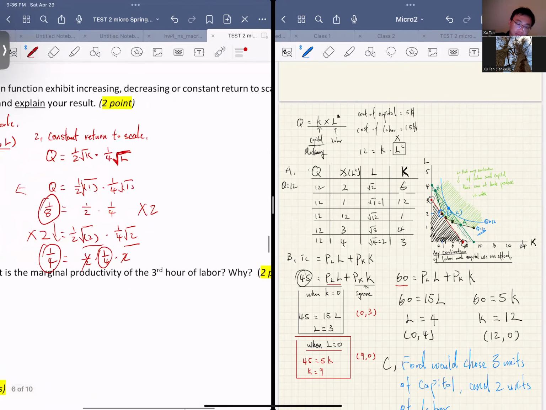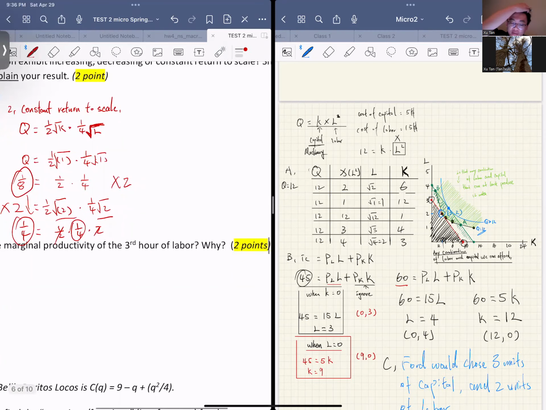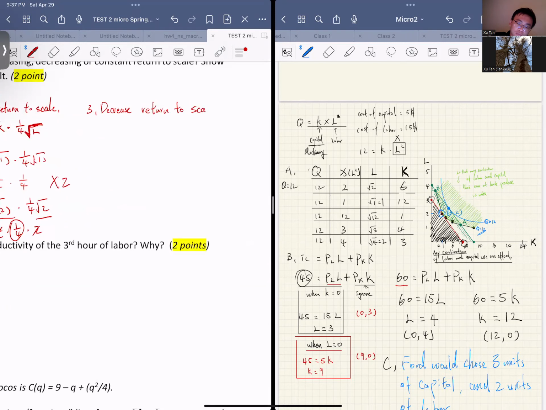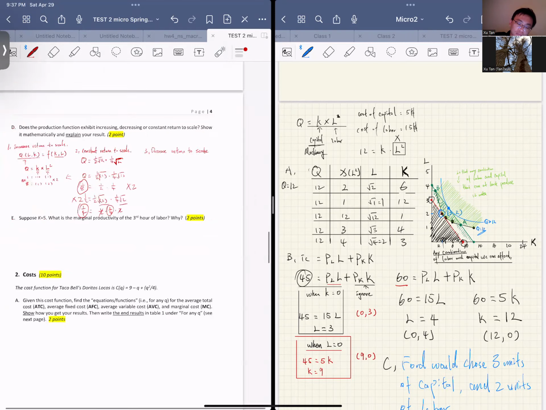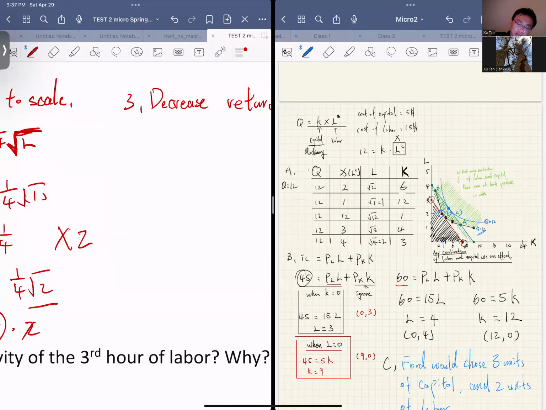It's testable. And yep, sorry about the confusing example previously. Now we're going to do something called decreasing returns to scale. Decreasing returns to scale would be something like this.